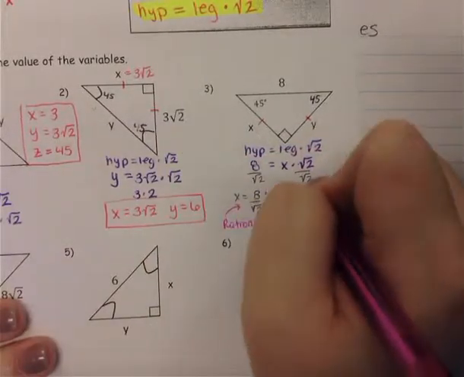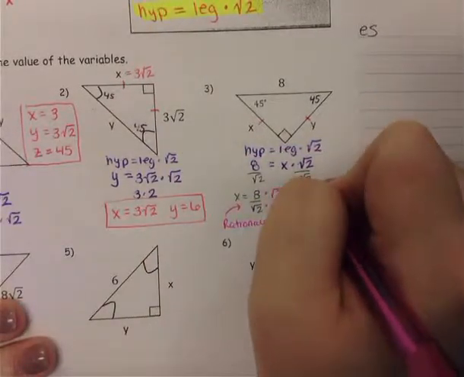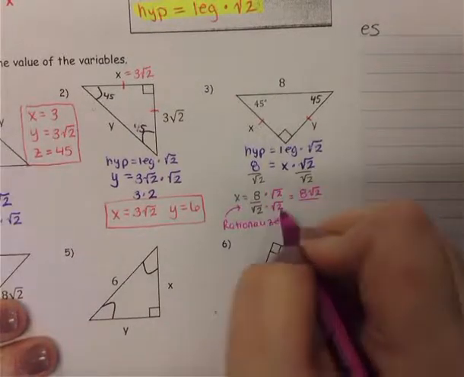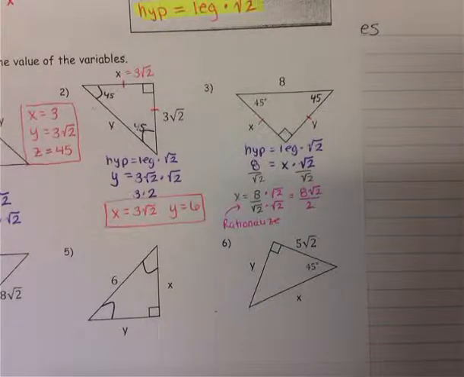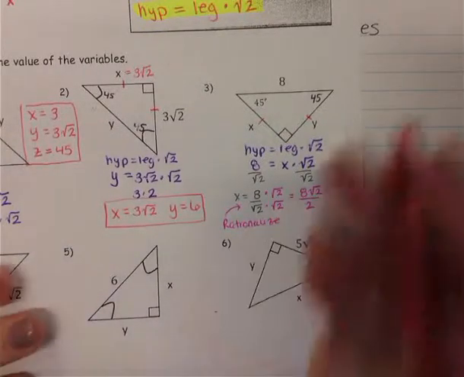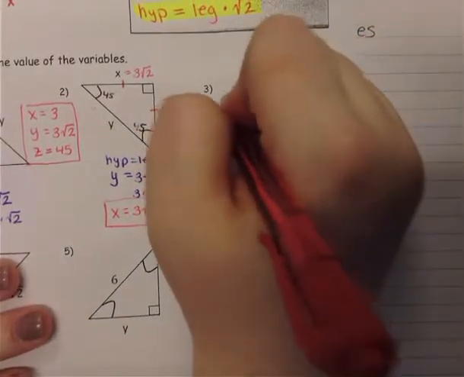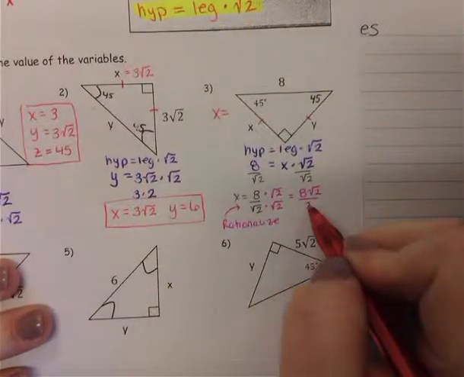So this becomes 8 times the square root of 2, which is 8 square root of 2, over the square root of 2 times the square root of 2, which is just 2, and then we can simplify this. So our x value is equal to 4 square root of 2.